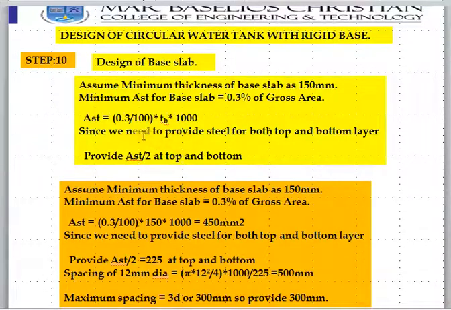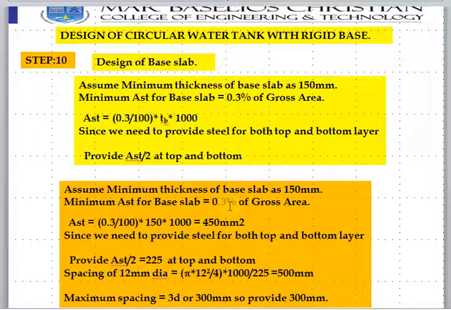So what is the next step? Next step is your base slab. So as usual, you know how to design the base slab, because the base slab doesn't carry any bending moment or shear force, anything at all. So assume a minimum thickness of 150 mm, then minimum area of steel is 0.3%, you use it. Okay, usually you will have a doubt: if Fe415 is 0.24, why 0.3?